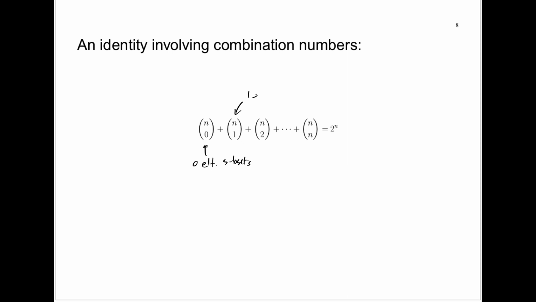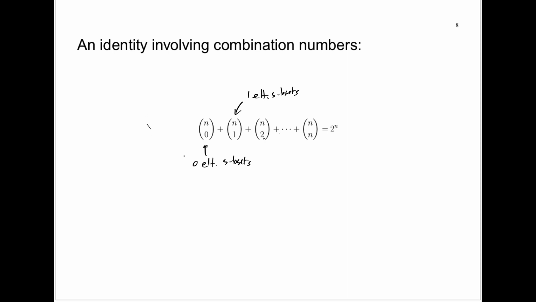Here we count the 1-element subsets. Here we have the 2-element subsets, the 3-element subsets, all the way up to the n-element subsets. When I add those together, what do I get? I get all subsets of an n-element set, because every subset of an n-element set has either 0 elements, 1 element, 2 elements, up to n elements.